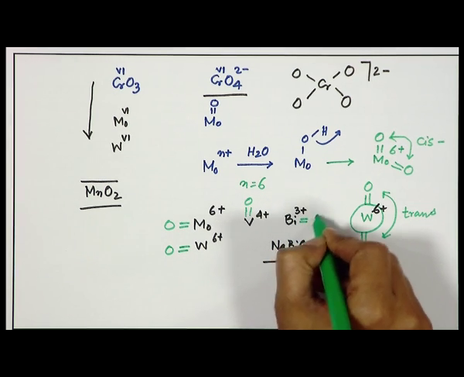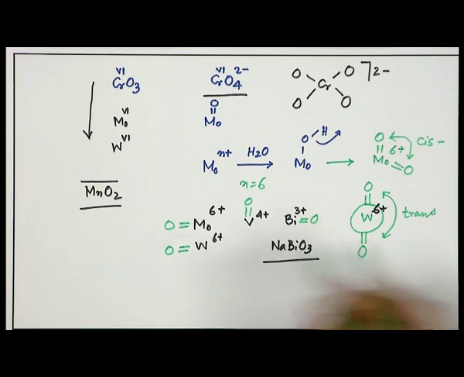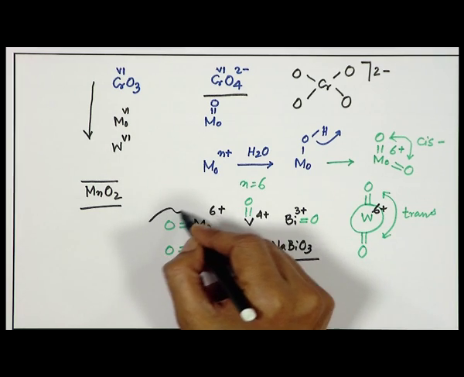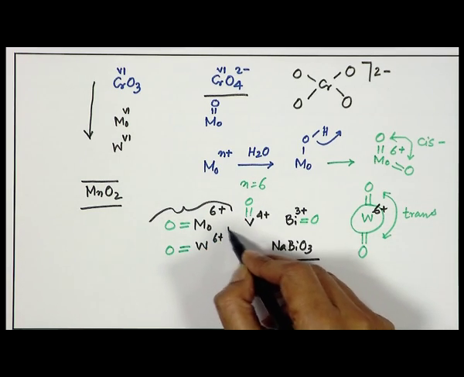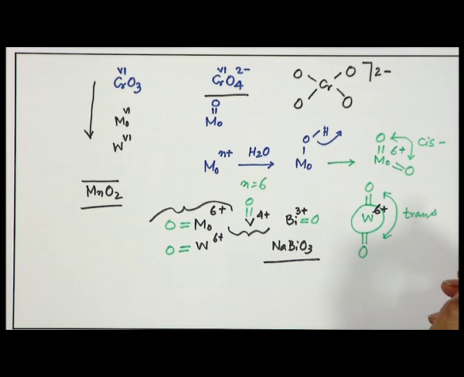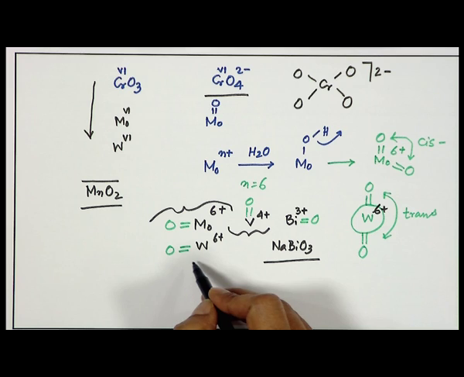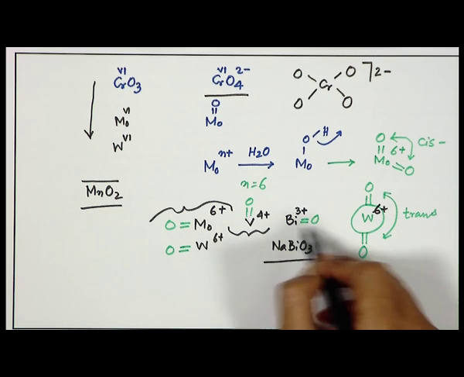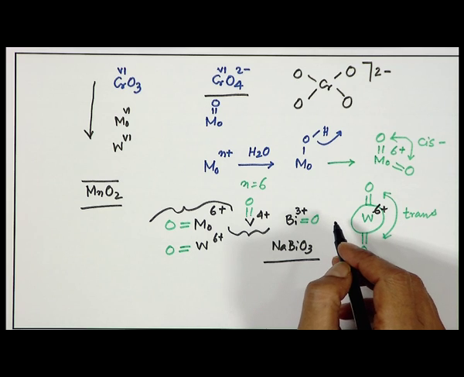So, like this, we consider that this particular entity is stabilized as the corresponding molybdenum species, and this particular part is stabilized as the vanadium species. Similarly, the tungsten double bond oxygen and the bismuth double bond oxygen is also a reality.